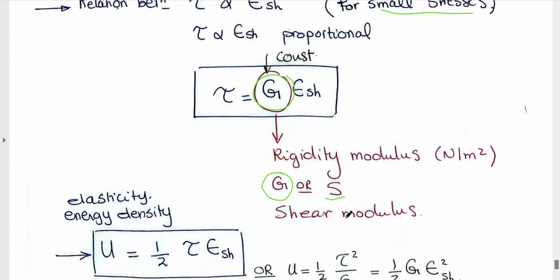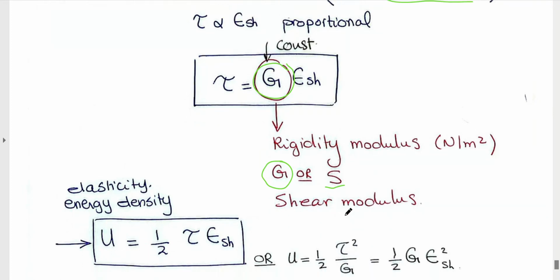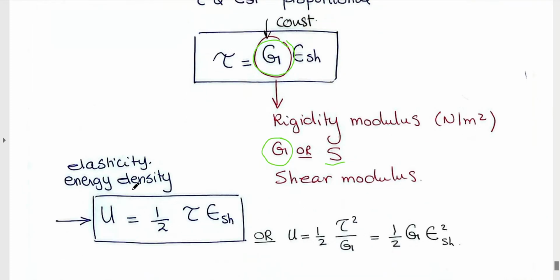And also don't forget that we still have the elastic energy density, which is joule per meter cube, the energy stored per unit volume. In this case, it's half the shear stress multiplied by the shear strain, or we can use this other form.